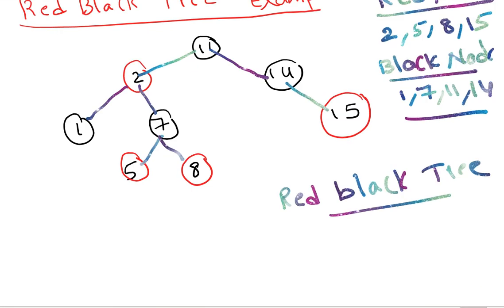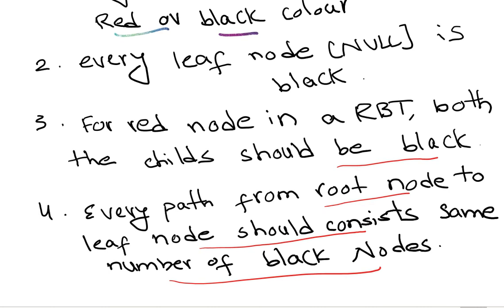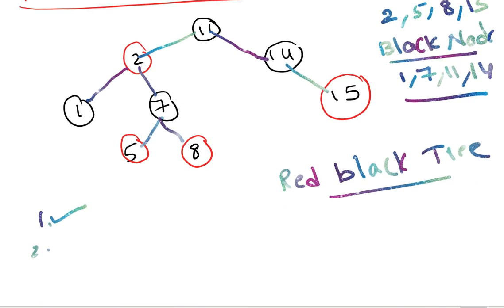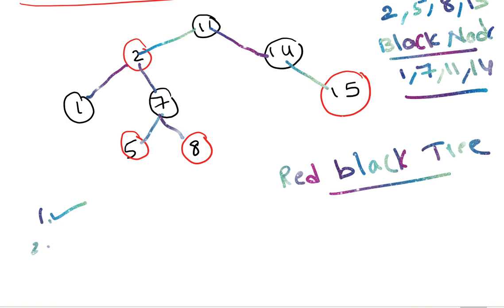Yes, first property done. Every node is red or black. What is the second property? Every leaf node is null and should be black. So always the leaf nodes will be black here as null. If you want to insert, it will be in black color. These are the leaf nodes. They will be null.